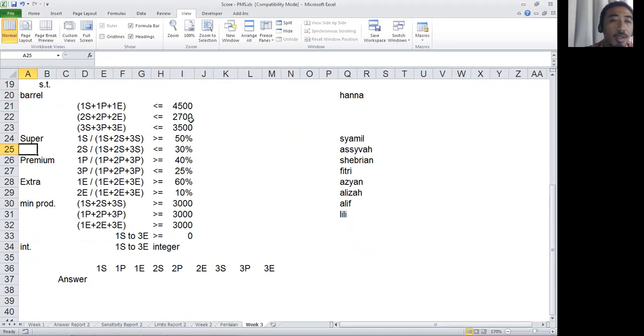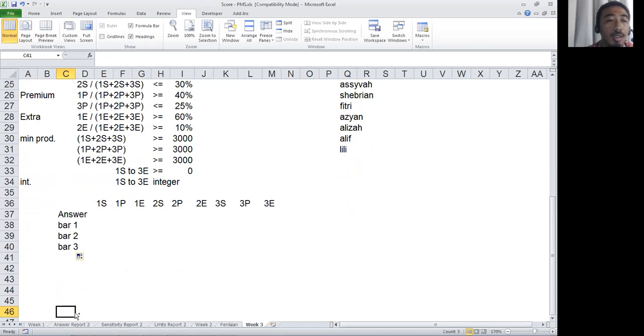Barrel for 1, barrel for 2, barrel for 3, and then super 1, super 2, premium 1, premium 2.